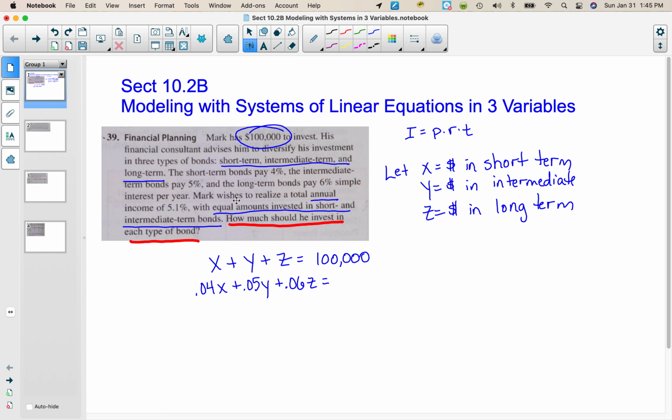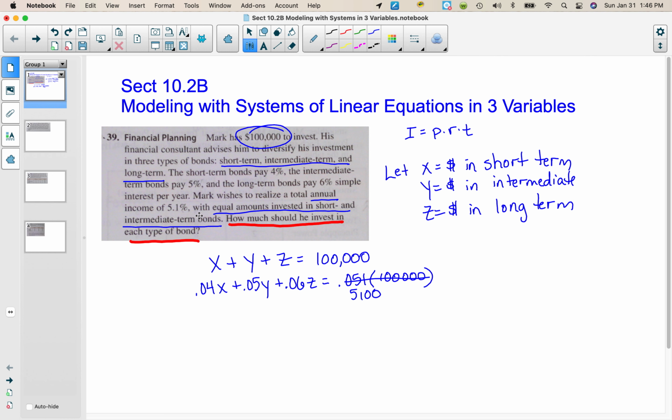And he wants this to actually become 5.1% of his total, so 0.051 of the total that he invests. So you probably want to, right off the bat, multiply 0.051 times 100,000, and if you do, you get 5,100. So I'm just going to cross that out and put 5,100 underneath it.